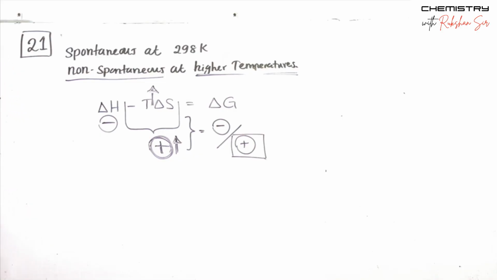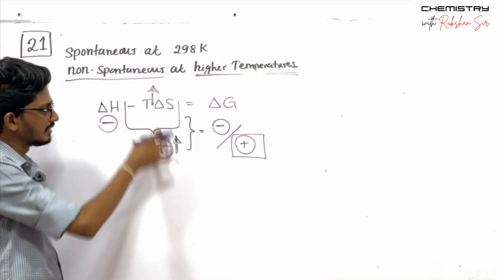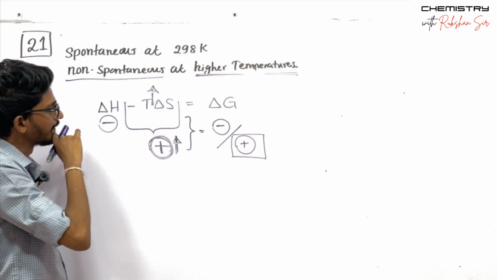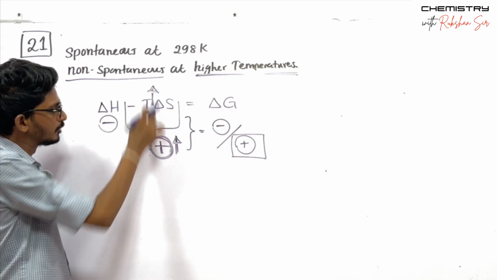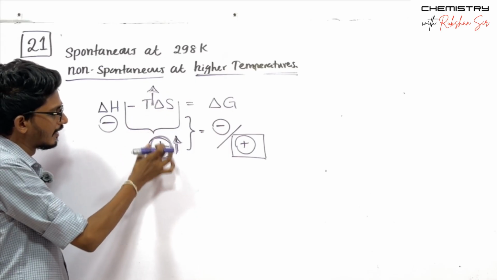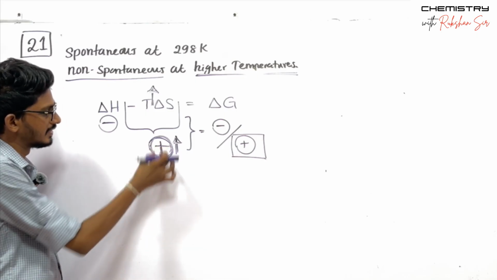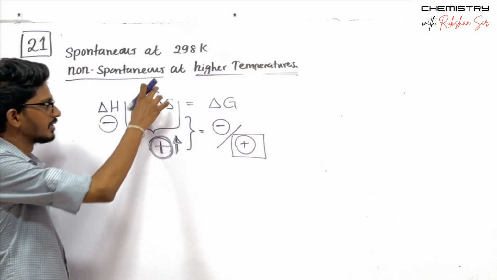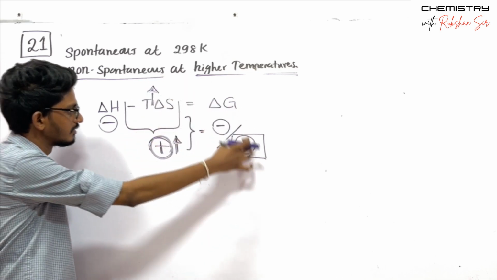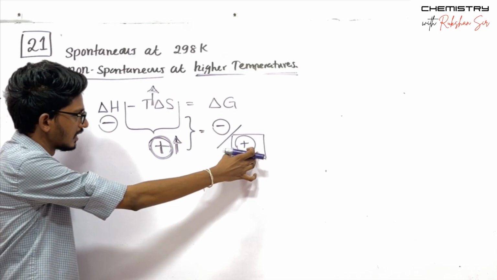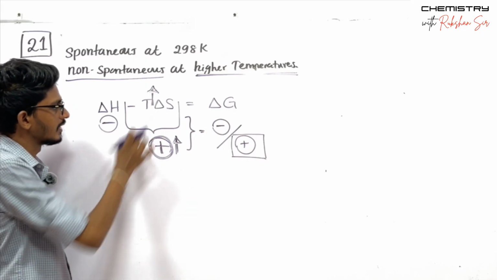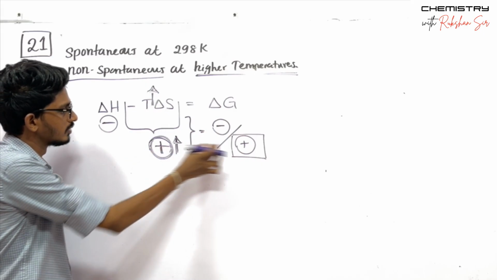Temperature affects only the value of this term, the sign here, not the sign here. So for it to be non-spontaneous at higher temperatures, the value that increases at higher temperature must come with a positive sign here.